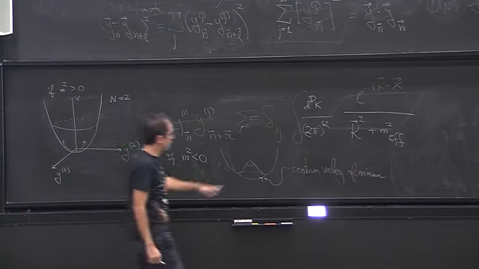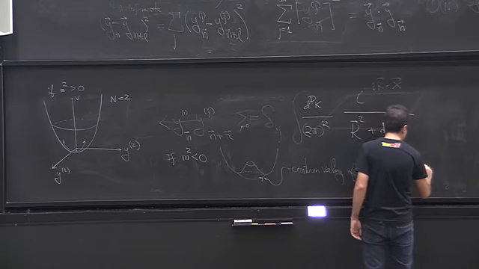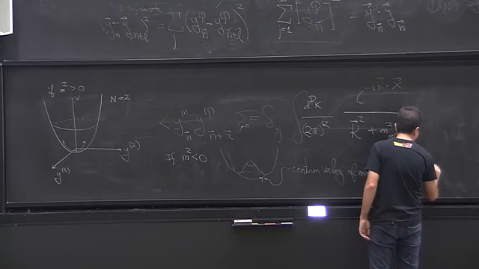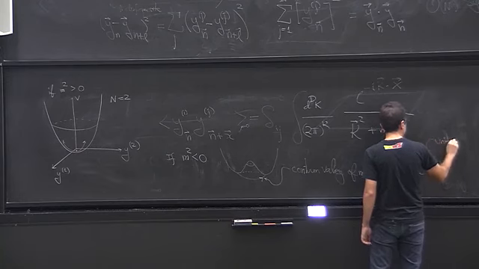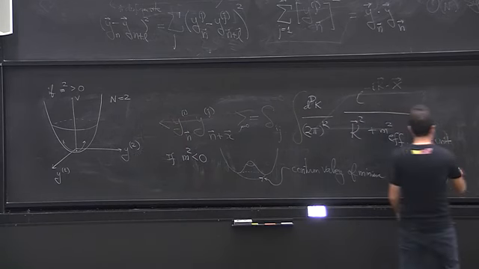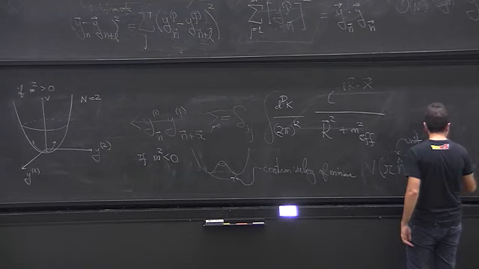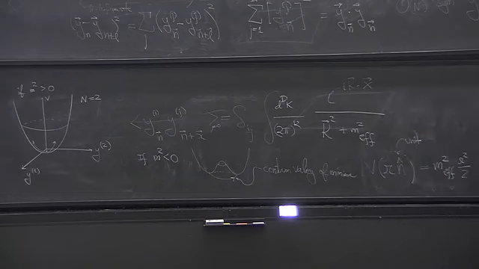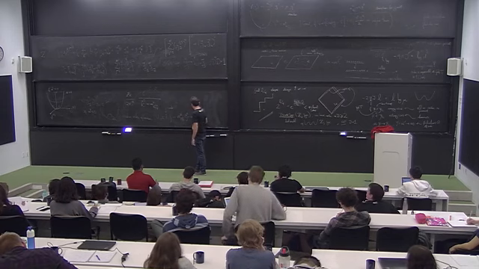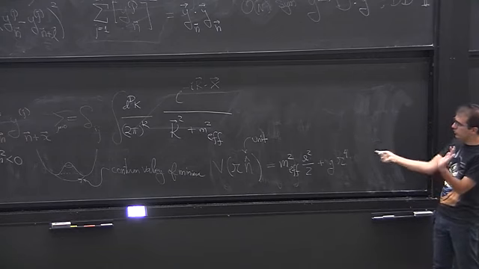Right? Because if I compute my potential for some field which has some radius r and then some unit vector n, what do I get? I get that this is just m effective squared r squared over 2 from the quadratic term, and then from the mu term plus g r to the 4. So it's exactly the same Mexican hat potential as before, but it's true for any unit vector.